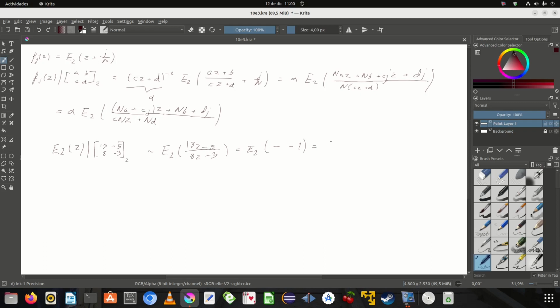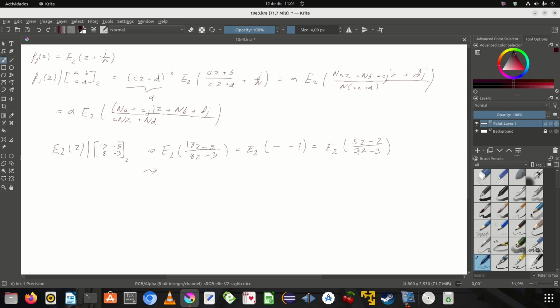So that gives 5Z minus 2. And then we use the transformation formula to get something with E2. No, we do not do that yet.